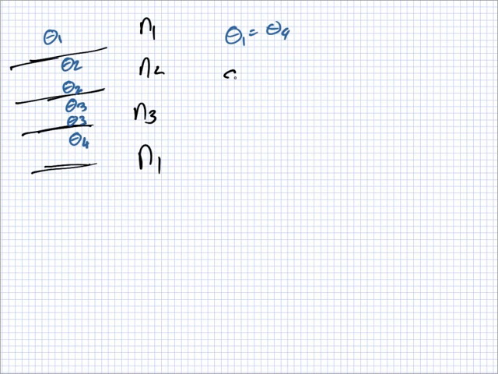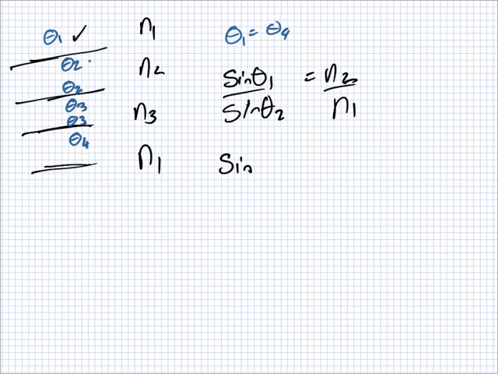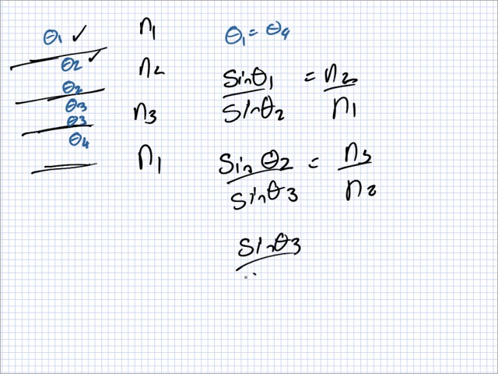Right, so we have sine theta 1 over sine theta 2 equals N2 over N1. And we have sine theta 2 over sine theta 3 equals N3 over N2, and then sine theta 3 over sine theta 4 equals 1 over N3, isn't it? Right, so we want to try and put these together.